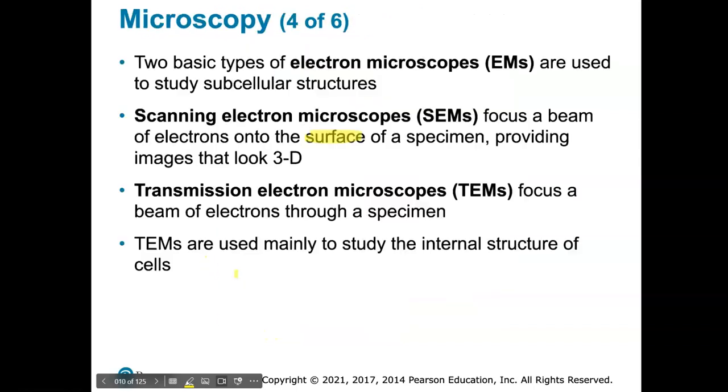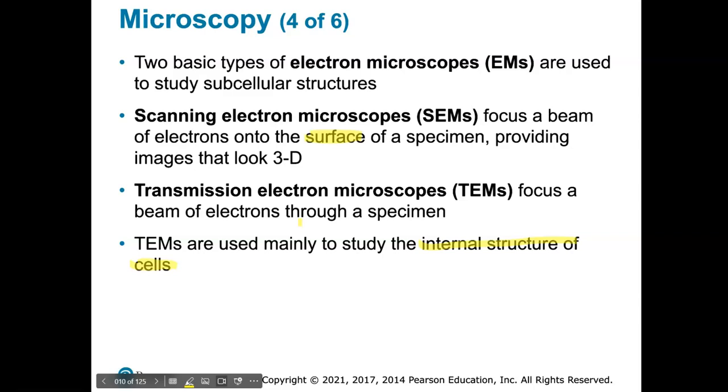But if you want to see the internal structure of cells, like the organelles, let's say you just want to look at the mitochondria inside of that paramecium, then you would use a transmission electron microscope. So electron microscopes, one thing you cannot do with them is look at living cells.